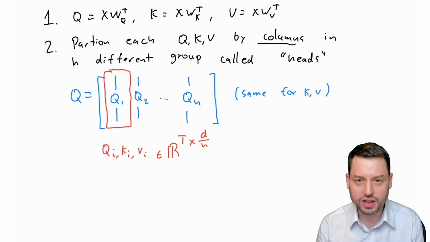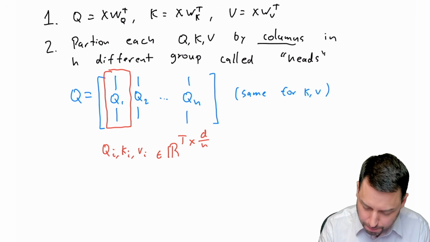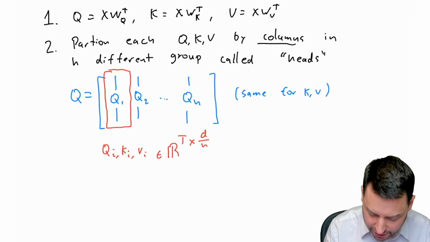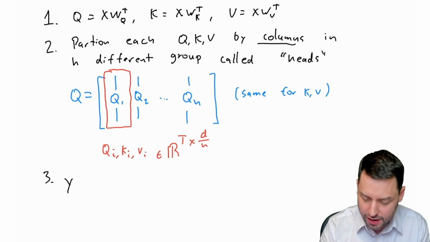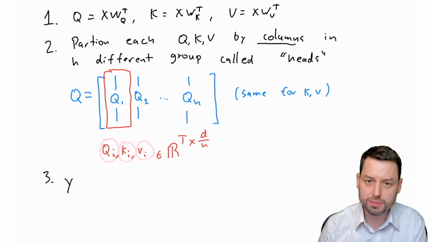We're partitioning all of them by columns into these different blocks. And what we're going to do then is define multi-head attention to have the output be self-attention applied independently to each of these blocks.